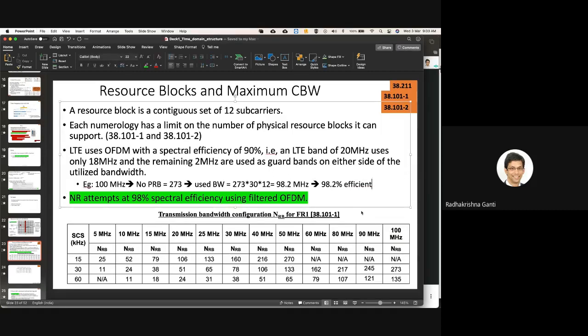Based on the maximum number of PRBs and other things, we can make it a lot more efficient, depending on the bandwidth that's selected. Today we'll look at a few more things about the resource grid, then the FFT sizes and the cyclic prefix sizes. I think by that time we'll finish up the class.